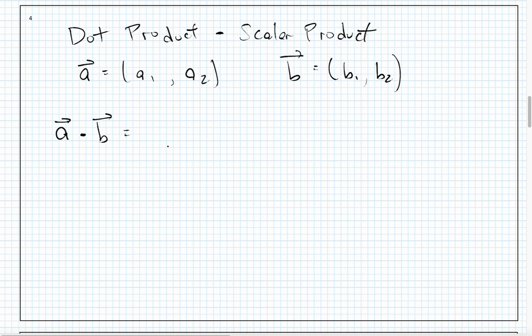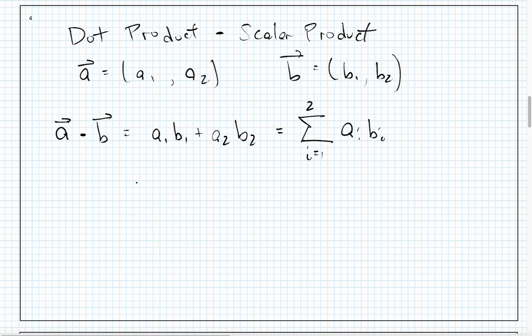One definition would be this is equal to A1 B1 plus A2 B2. And again, if you're into cool notation, using sigma notation, that's the sum from I equals 1 to 2 of A sub I B sub I. That's one way we defined it.